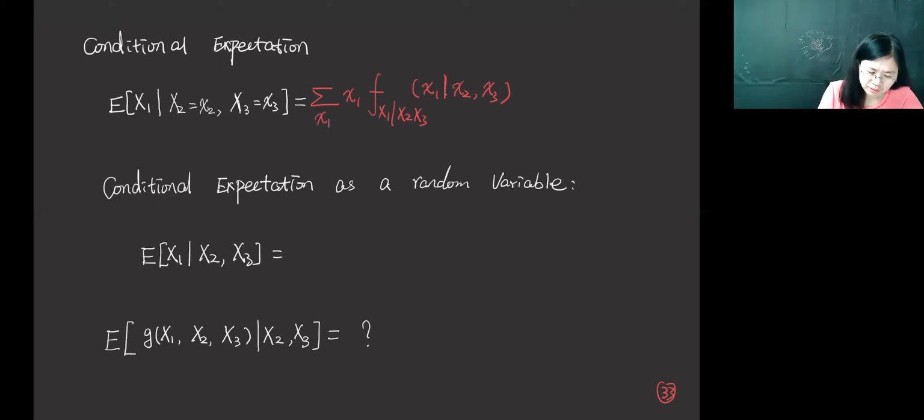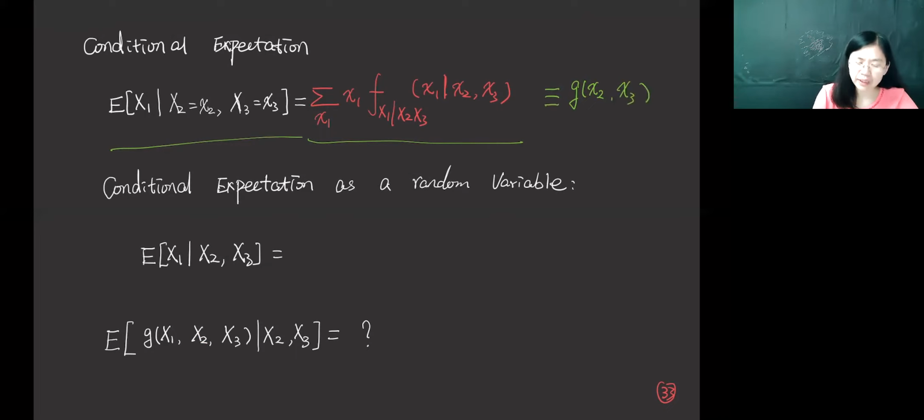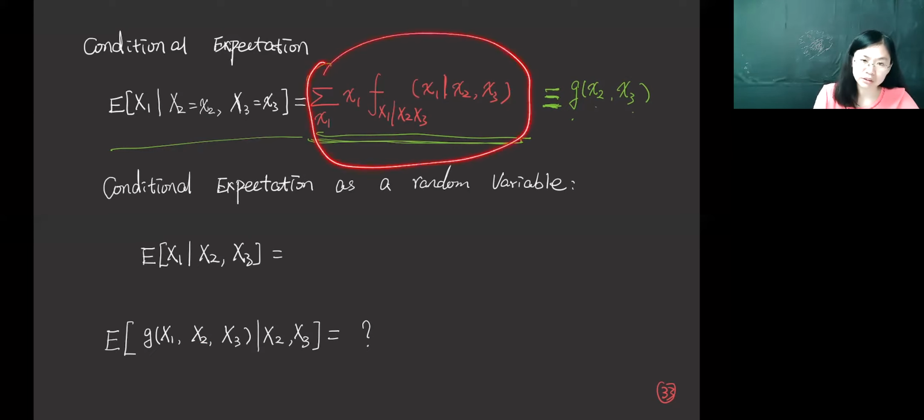Clearly, this is a function of little x2 and little x3. We could call that function g of x2 and x3. So if I write 3 horizontal slashes, that means we define g to be this value, to be this function. We define g of x2, x3 to be this, because this is a function of x2 and x3.